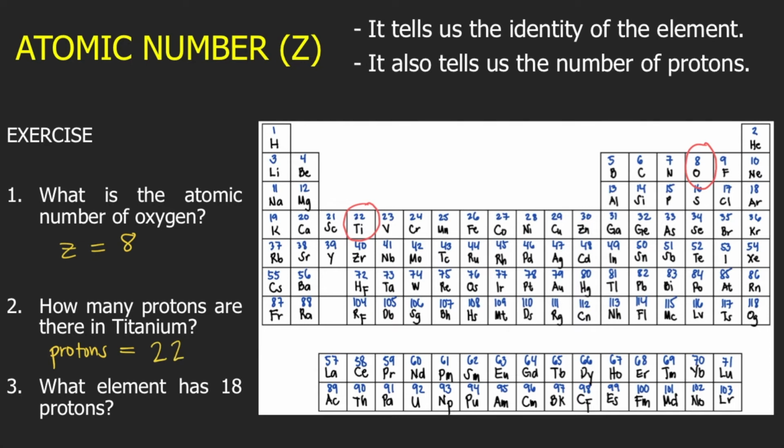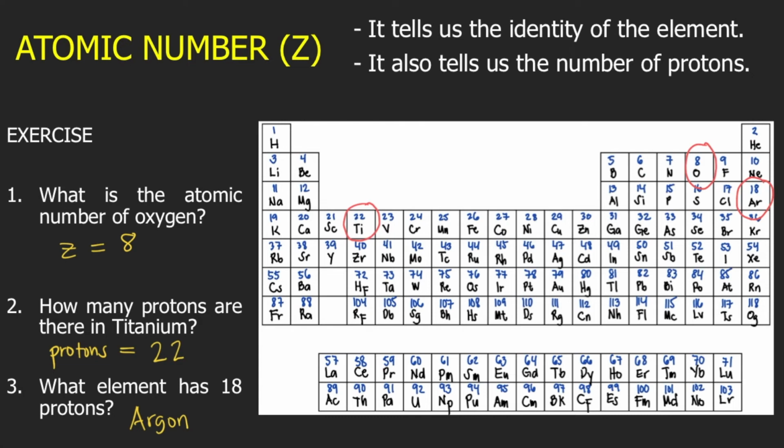And for our third question, what element has 18 protons? Again, atomic number is equal to the number of protons. So let's look for the element with atomic number 18. So that's Ar, or argon.